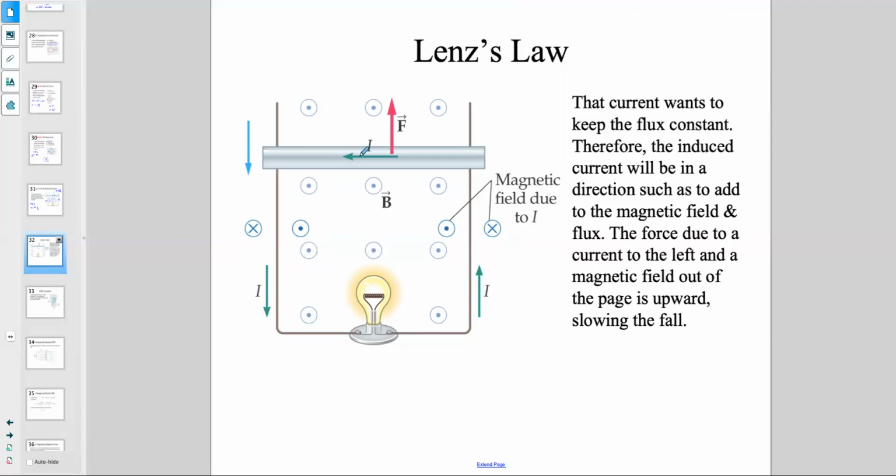B is coming out of your palm, and then your thumb should show the direction of the force, which in this case is upward, okay.